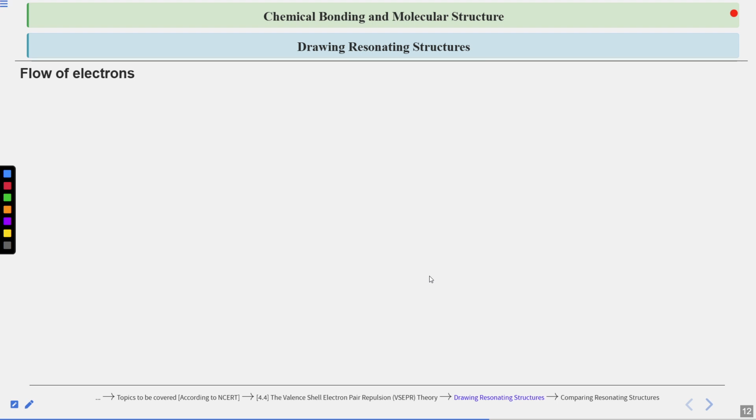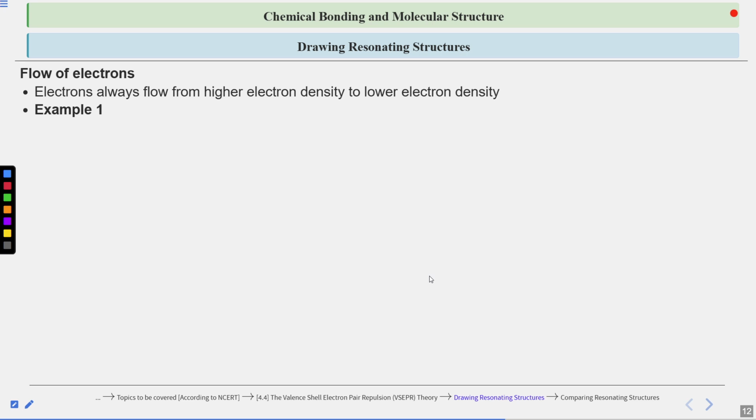The next topic would be the flow of electrons. From our previous discussion, it is very clear that electron density always moves from a higher density to a lower density, or from a higher electron area to a lower electron area. If it is so, then let us work on some examples for the same.